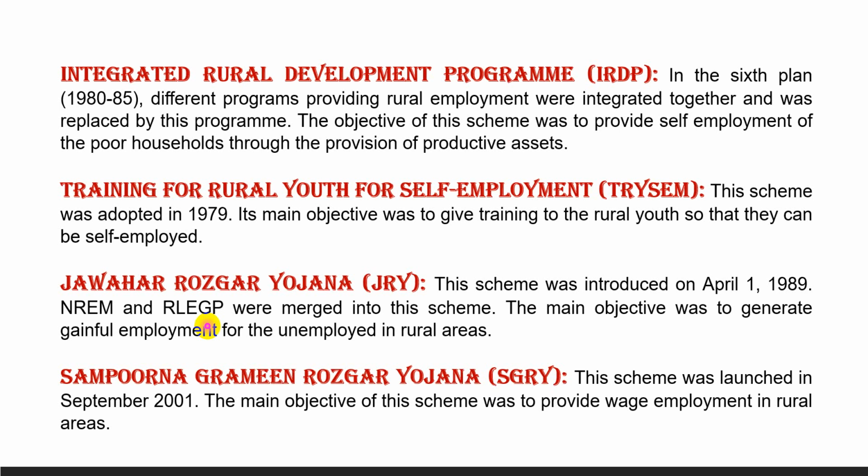The main objective was to generate gainful employment for the unemployed in rural areas. Sampurna Gramin Rozgar Yojana. The scheme was launched in September 2001. The main objective of this scheme was to provide wage employment in rural areas.